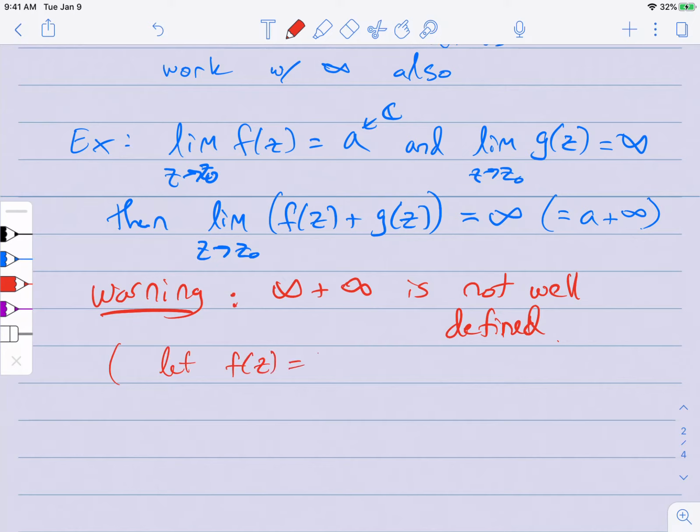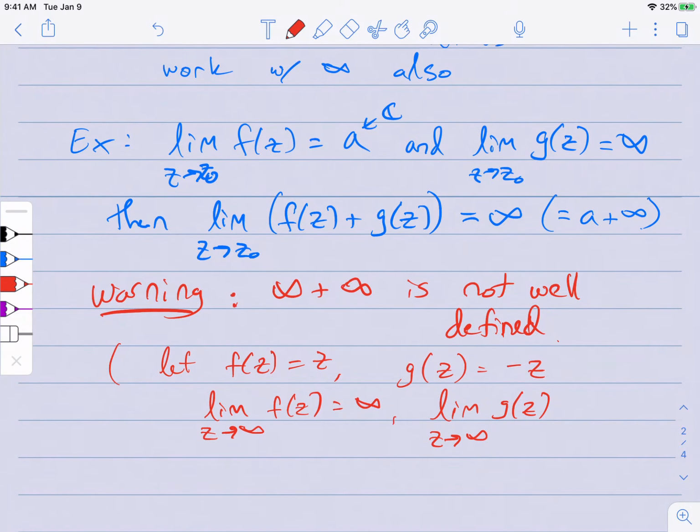Let f of z equal z, g of z equal minus z, then the limit of f as z goes to infinity is infinity. Limit of g as z goes to infinity is also infinity, right? Because all we care about is the modulus, right?